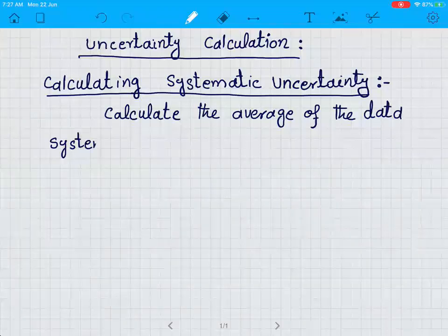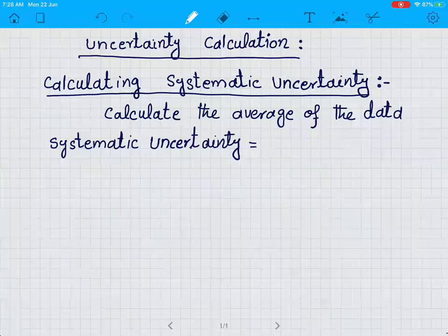systematic uncertainty will be equal to the average value minus the actual value.